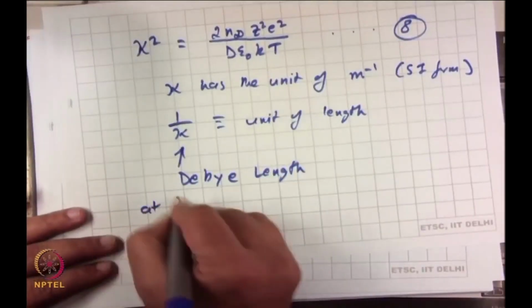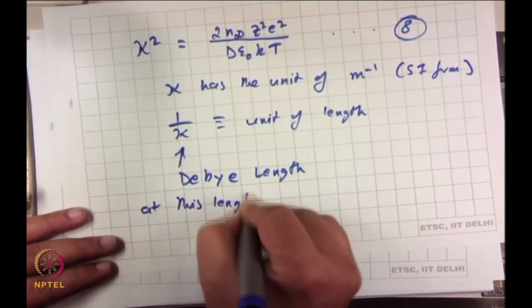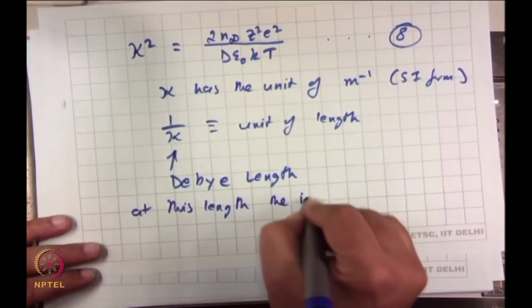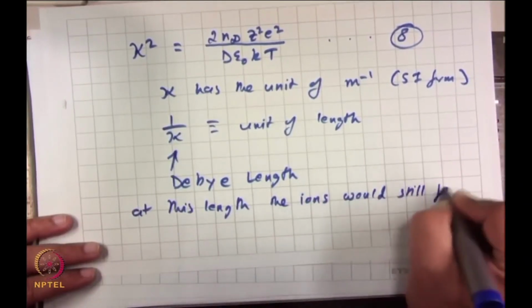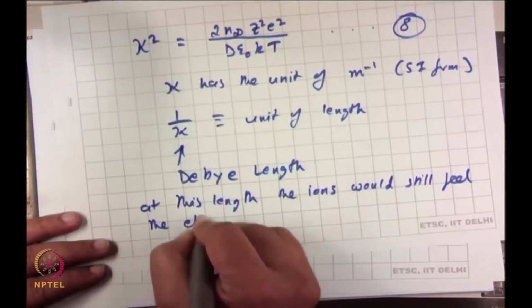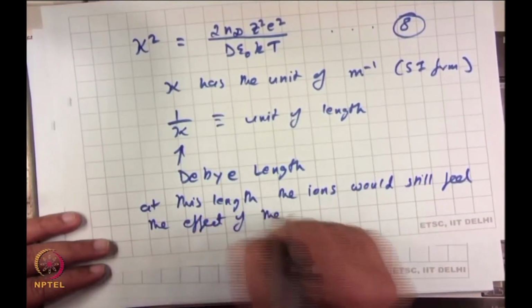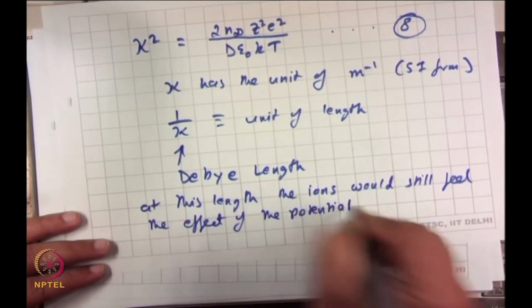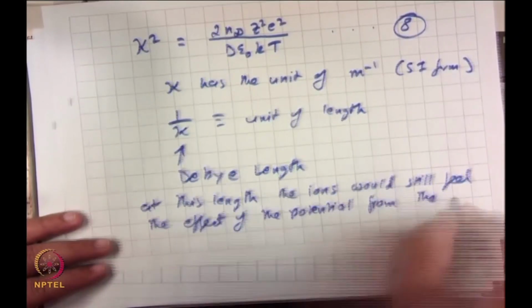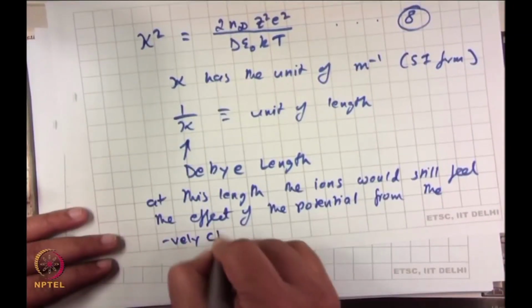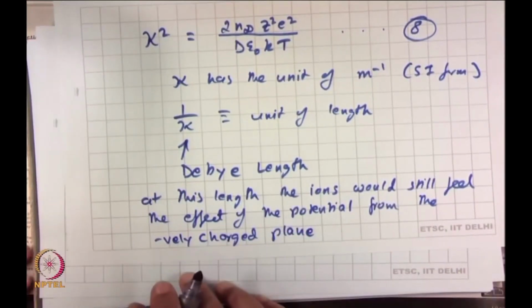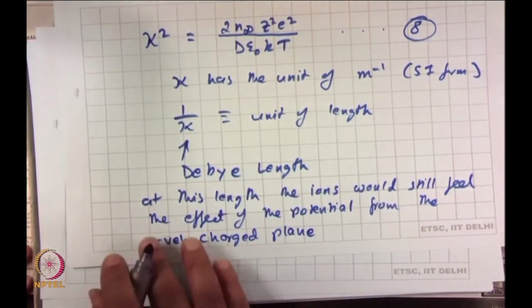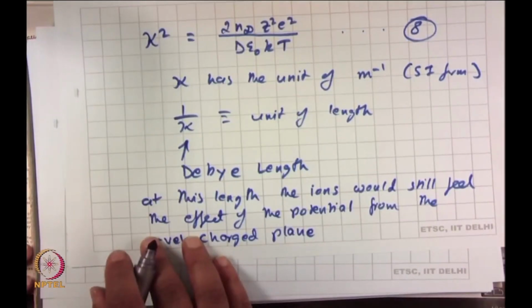So, that means at this length, the ions would still feel the effect of the potential from the negatively charged plane that we started with, right. Our plane was negatively charged.